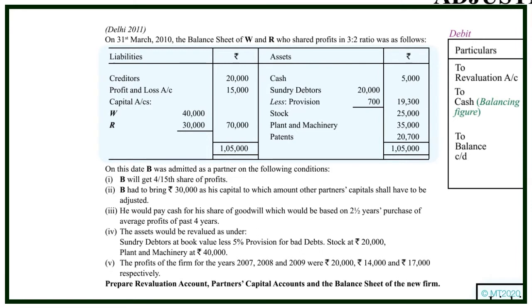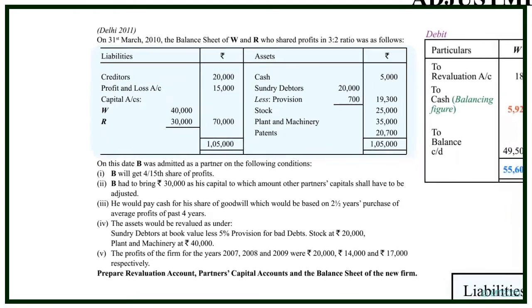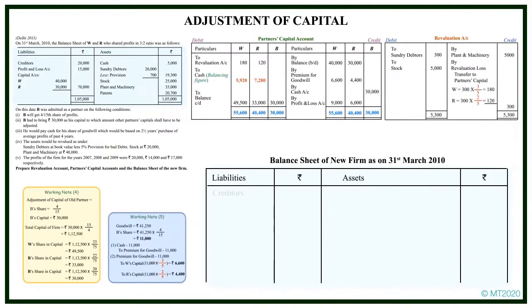To start with, we will refer first to the liability side of the balance sheet, that is the creditors. We can see it is appearing at the value 20,000 in our old balance sheet, and while preparing the new balance sheet, creditors would appear at the same value 20,000, because the creditors' value did not change on admission of a partner.